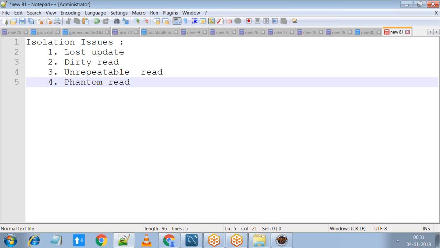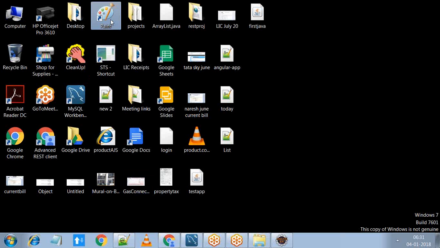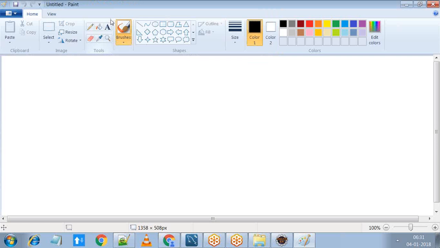We'll work with this lost update issue here. So now let's take an example here. Let's say you have two transactions.